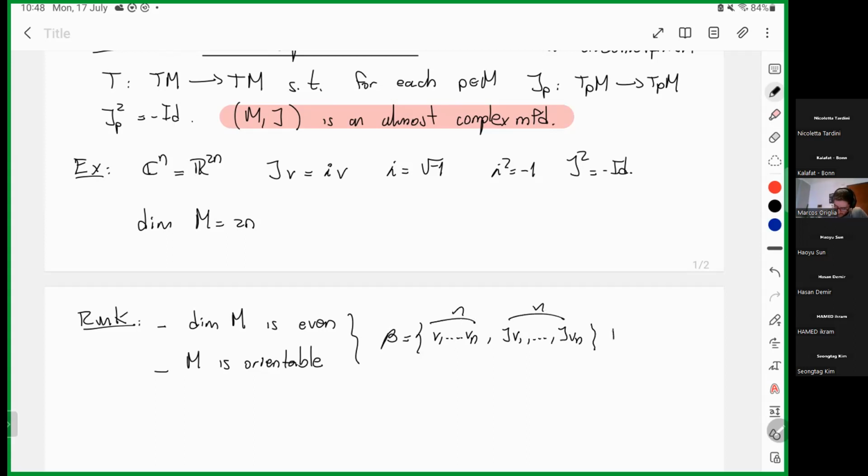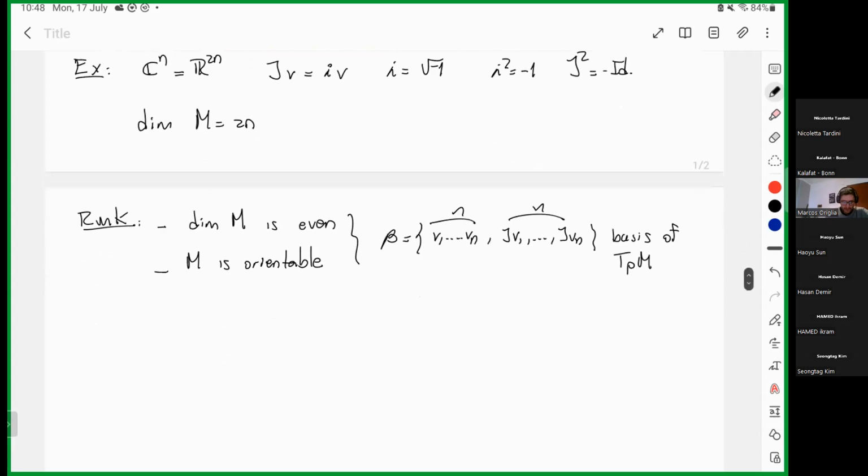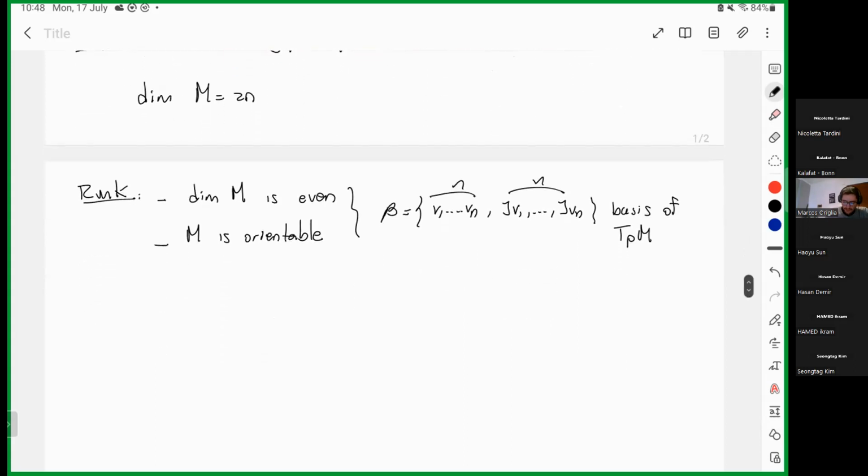So this is a basis of T_pM, right? For every point, you can do that. And any other basis is just conjugated to this basis by a matrix of positive determinant. That's why M has to be orientable. So these are the first two consequences of having this almost complex structure.